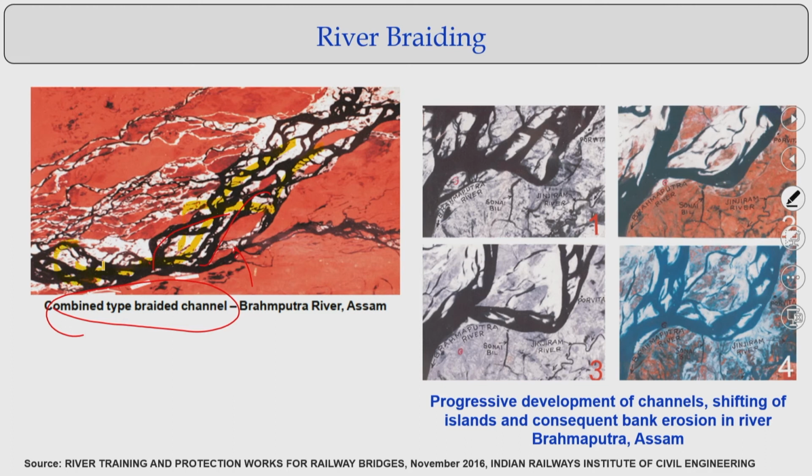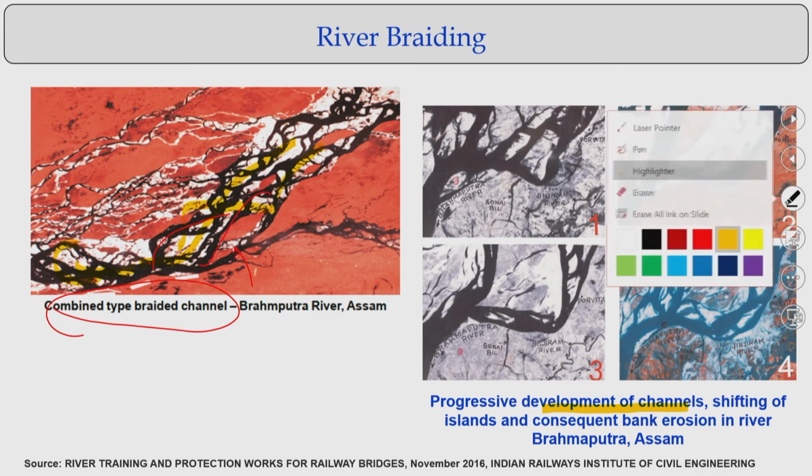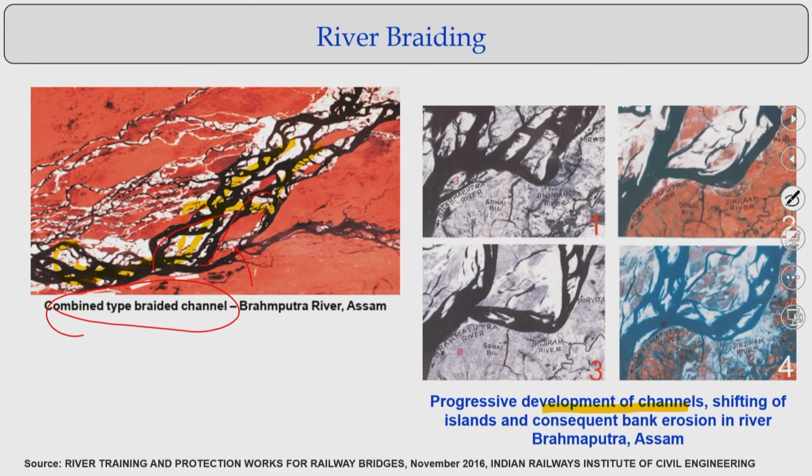In sand bed braided river systems all over the world, this is a typical river. If you look at the progressive development of channels, it is indicating something for us, so just try to interpret these figures. Here there are channels and island formations.